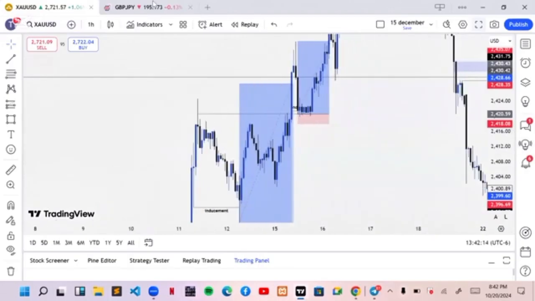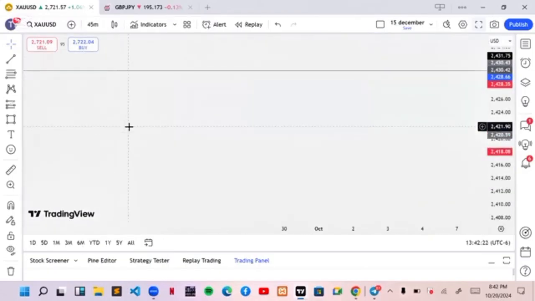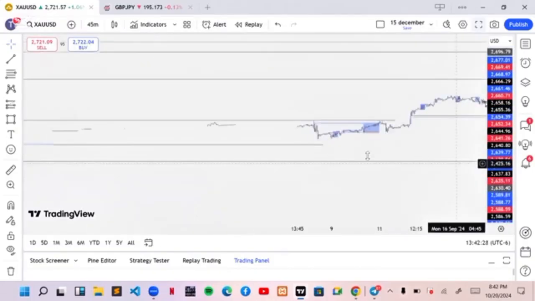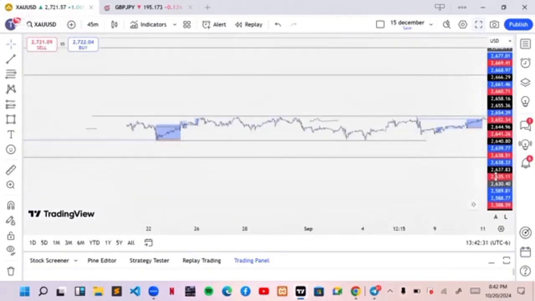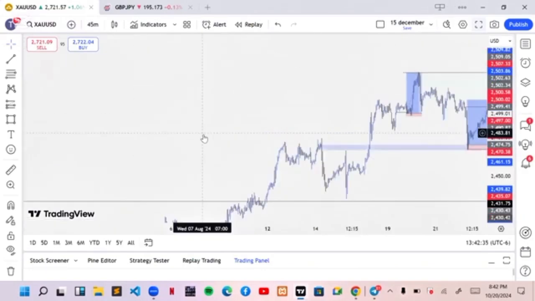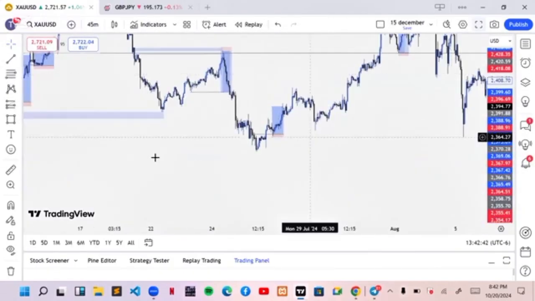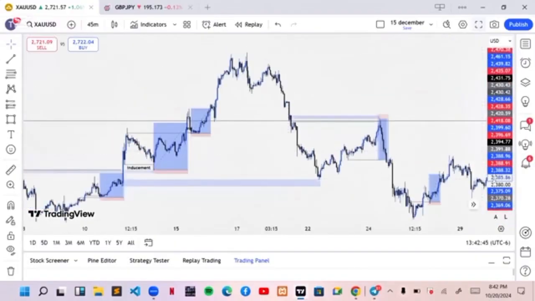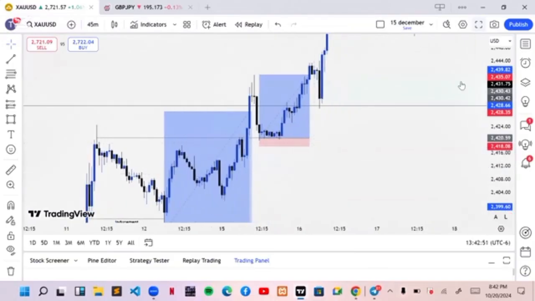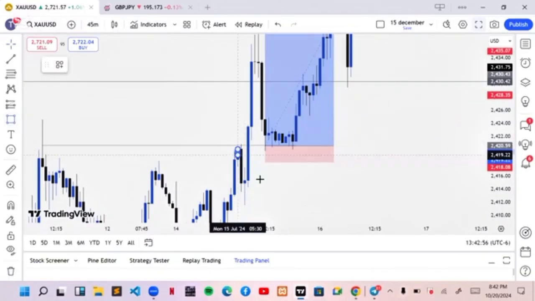Same as this trade. I think this one was on a 45 minutes time frame. So this is an order block right here for taking sells in the market.